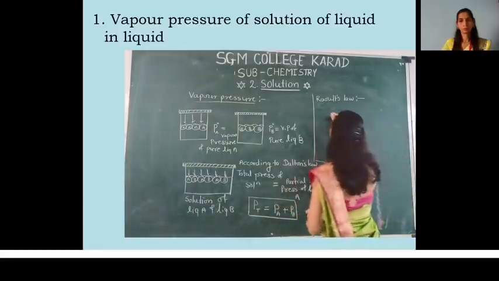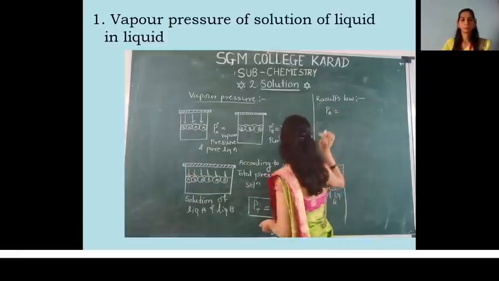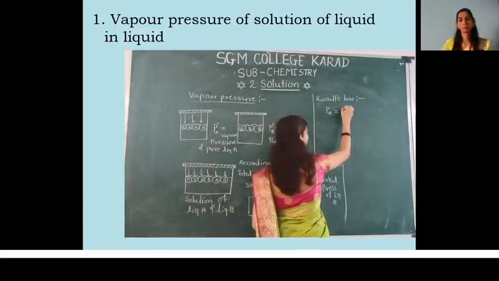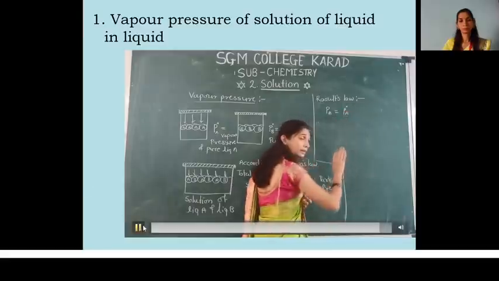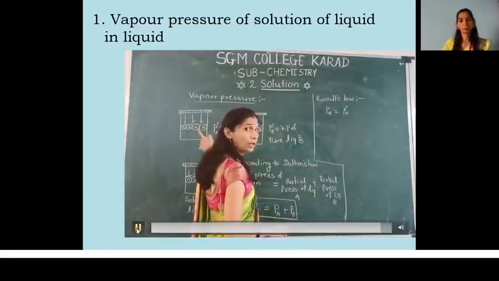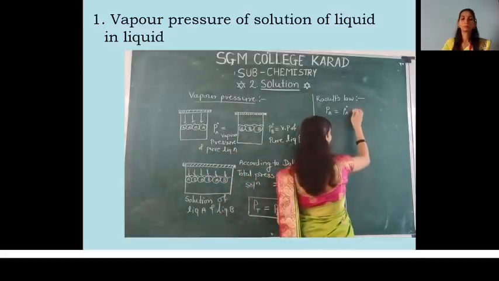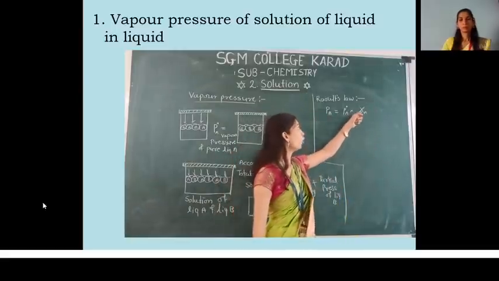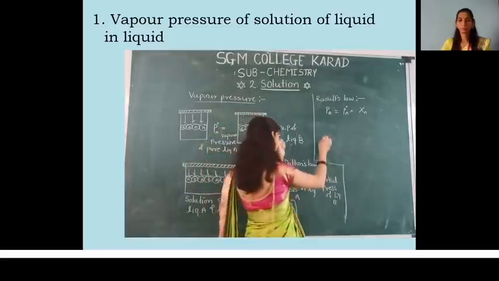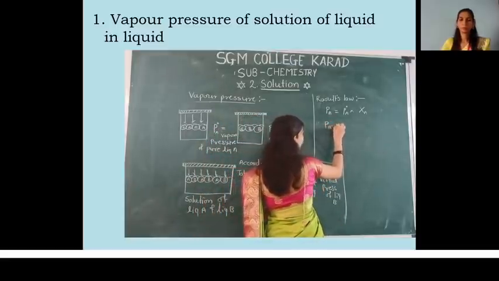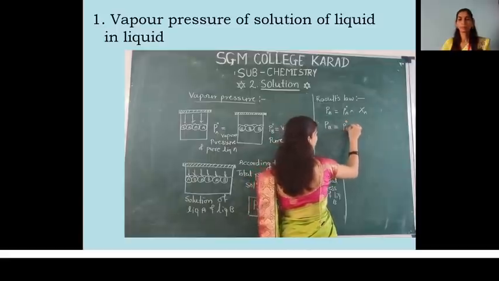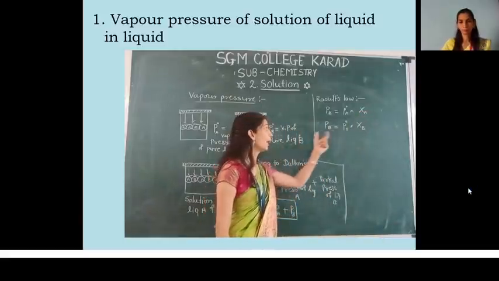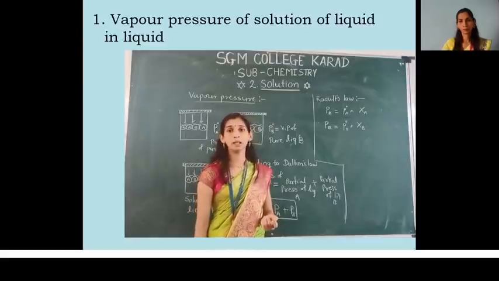Now PA, the partial vapor pressure of solution component A, is equal to P naught A, the vapor pressure of pure liquid A, into XA, the mole fraction of liquid A. Similarly we write PB is equal to P naught B into XB, where XA is the mole fraction of liquid A and XB is the mole fraction of liquid B.